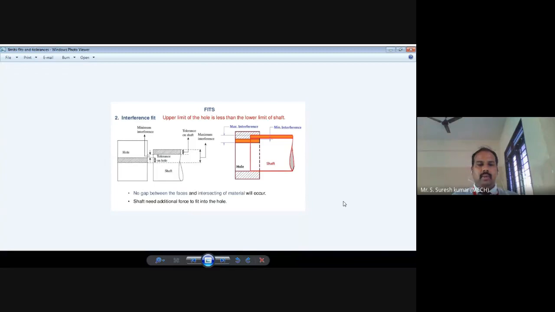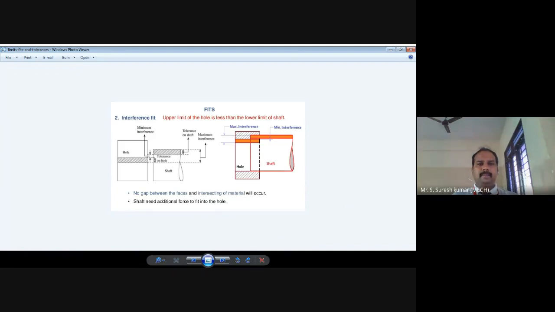This is the common diagram for fits. First we have to understand what is meant by fits and also why we use this for designing.